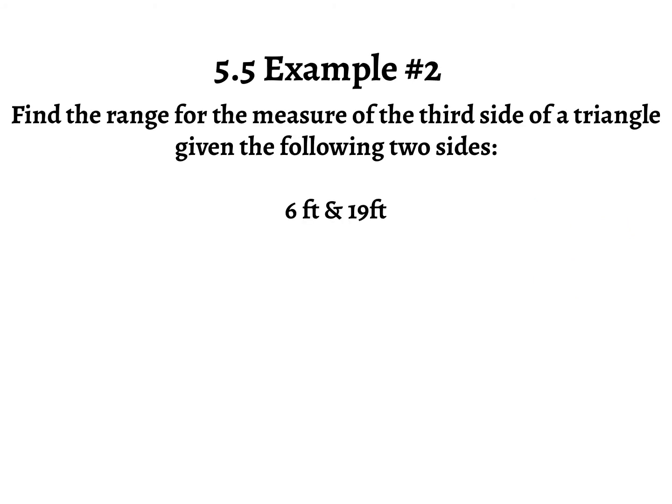In this other scenario, we're only given two side measurements. Okay? So let's say that we have a triangle, and we know this is 6 feet, and this is 19 feet. What is the possibility for this third side that's missing in order for this triangle to work? Well, we know that 6 plus x has to be bigger than 19.